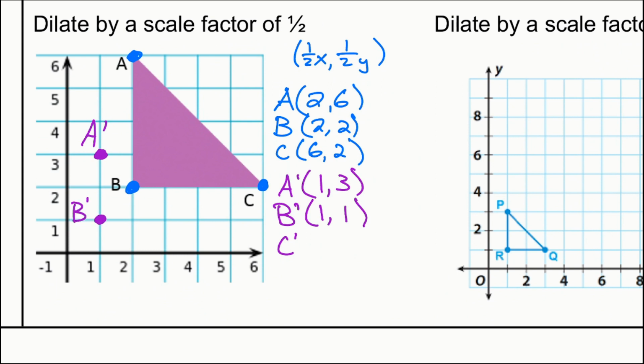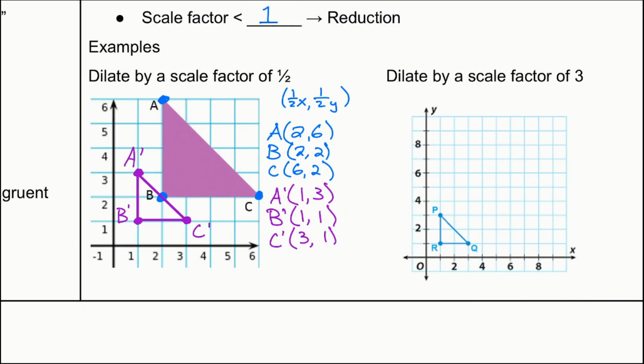And C prime, 6 and 2 again, it's going to be 3, 1 for C prime. Okay, so I'm just going to connect these right here. Maybe shouldn't have used purple, but that's okay. All right, so that's how we would do the first one. See, it's going to get smaller. It's going to be about half the size of the pre-image.